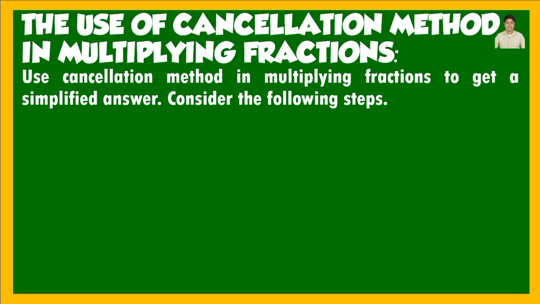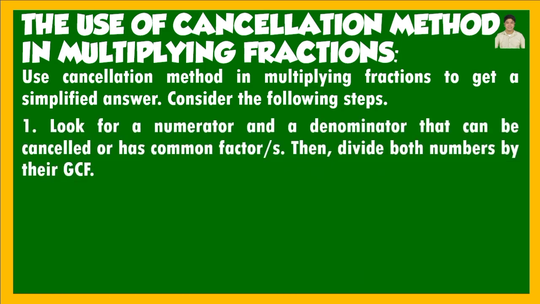Okay, so let's have the following steps. First, look for a numerator and a denominator that can be cancelled or has common factor or factors. Then, divide both numbers by their GCF. So kapag cancellation method po ang ating ginagamit, make sure yung ating mga kinakancel ay hindi sila nasa isang pwesto lang.